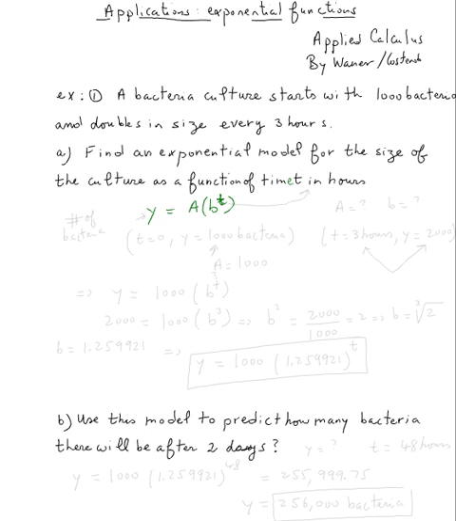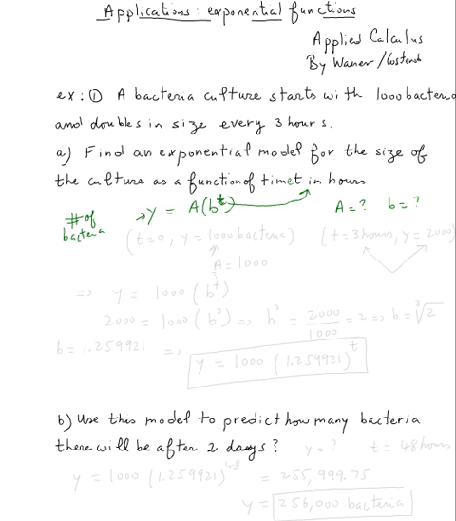In this case, the independent variable is t. So t is time in hours, and y is the number of bacteria. All we need to do is find the a and b, and we're done.